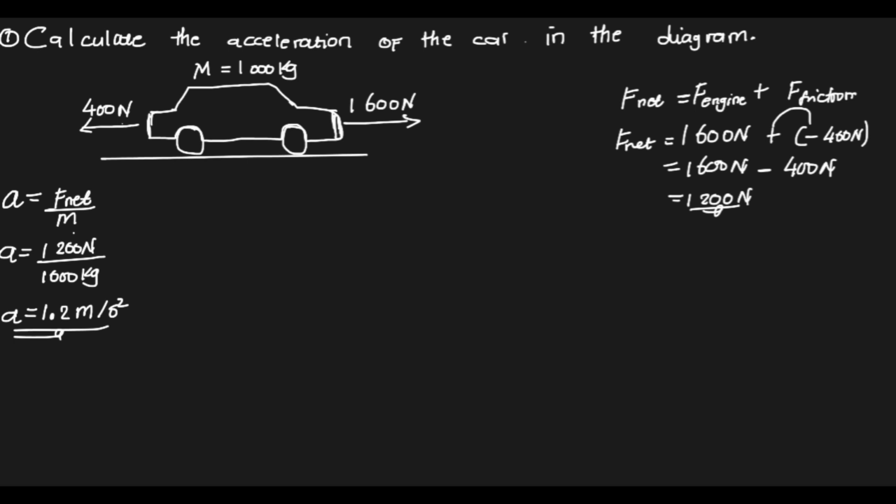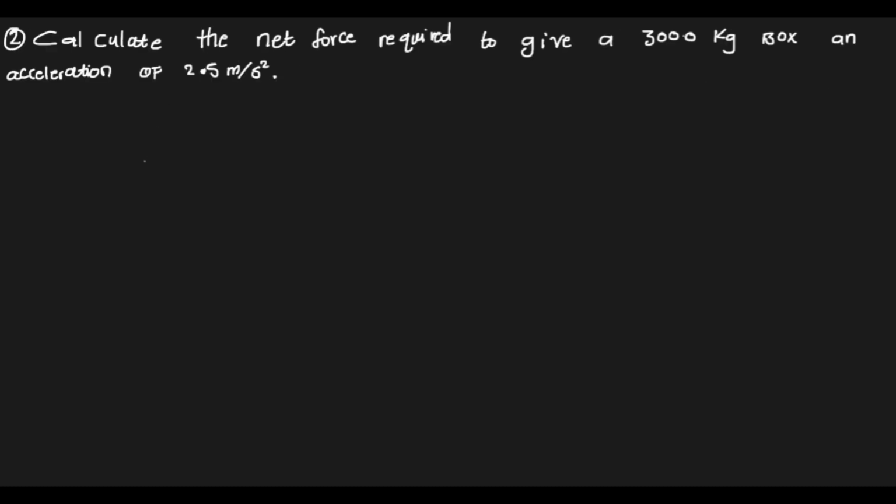So let's have another example. Example 2: calculate the net force required to give a 3000 kg box an acceleration of 2.5 meters per second squared. So we have this surface, which is frictionless.